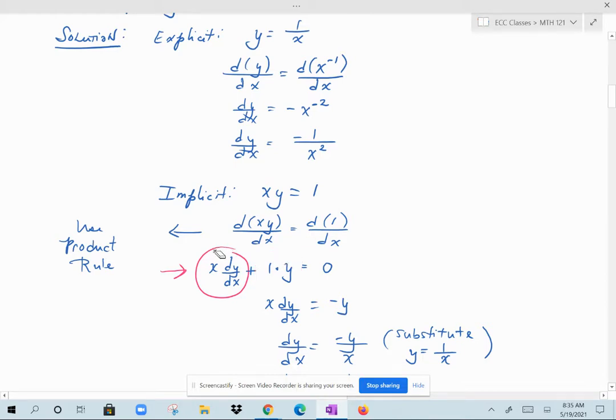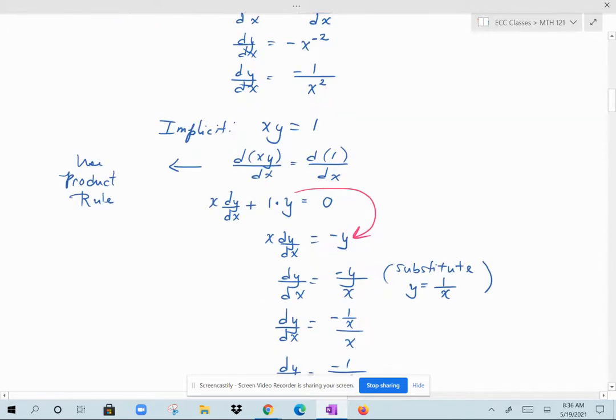So now I have this equation for dy/dx. The first thing I did was subtract y over to the right, so it becomes -y, and then divide both sides by x to isolate dy/dx. So I get dy/dx equals -y over x. Now that doesn't exactly look like this original answer, but I can simplify this further because I know that the original equation is y equal to 1 over x.